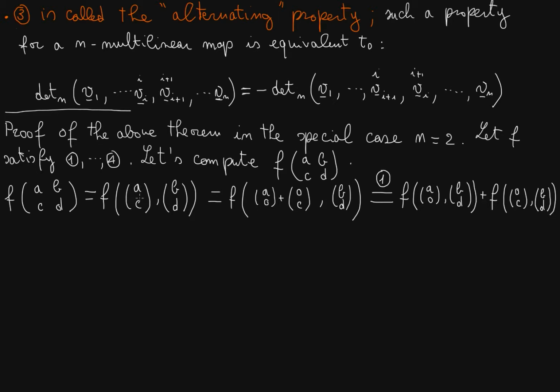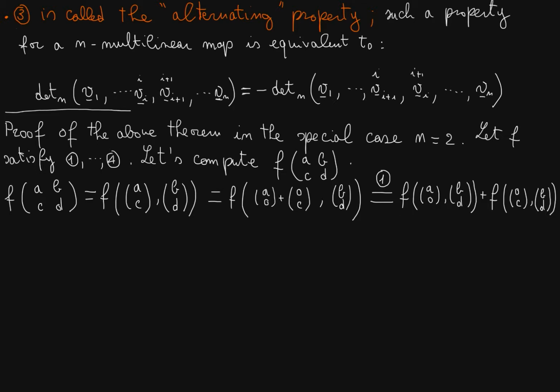The vector (a, c) can be written as the vector (a, 0) plus (0, c) by definition of sum of two column vectors in R2, which was component-wise sum. Applying property 1 to this pair of vectors, of which the first one is a sum of two vectors, implies that f of this pair is going to be the sum of two f's.